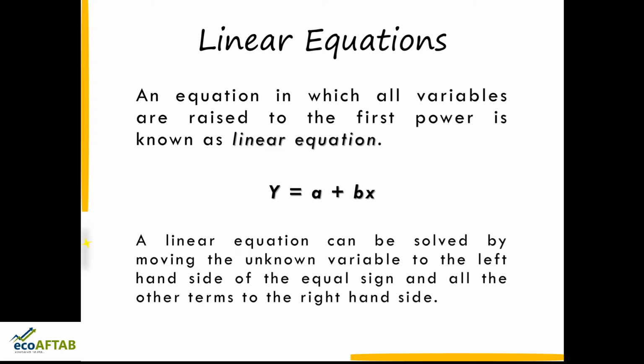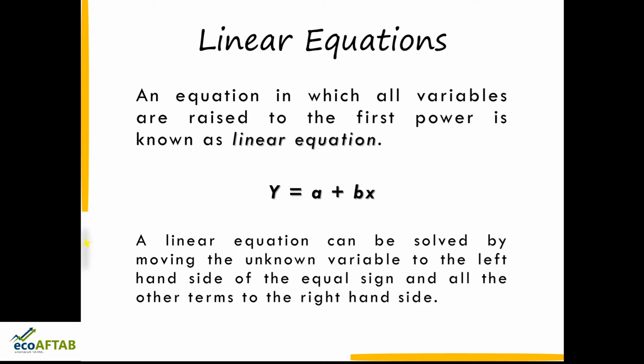A linear equation can be solved by moving the unknown variable to the left hand side of the equal sign and all the other terms to the right hand side. So whenever we want to solve a linear equation, we just move the positions of the unknown variables and the other terms.